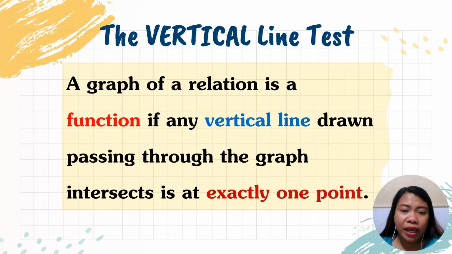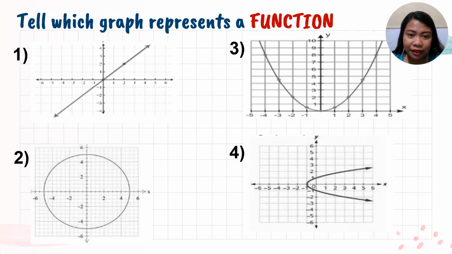So here, class, we have a vertical line test. A graph of a relation is a function if any vertical line drawn passing through the graph intersects at exactly one point. Okay, here, class, let us study these four graphs. Let us have a test of the vertical line.